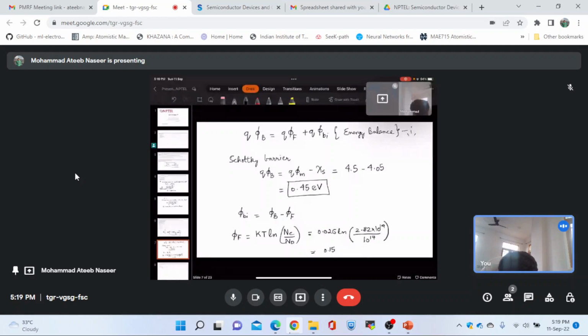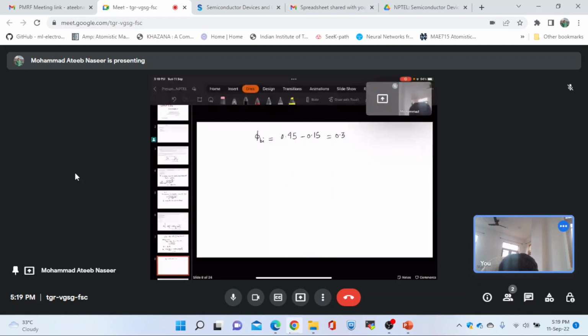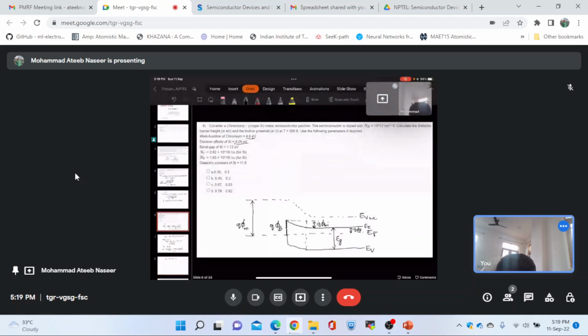So now let us check the options. The options in here is option B, 0.45 and 0.3 volts. Option B is the correct option. Now this is having the unit of volts.